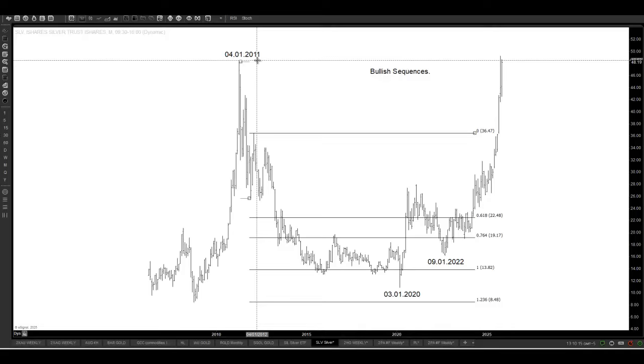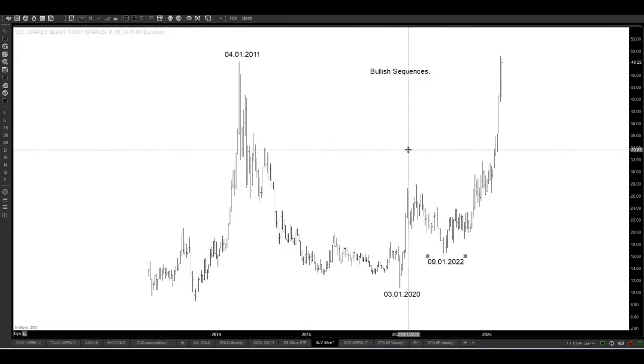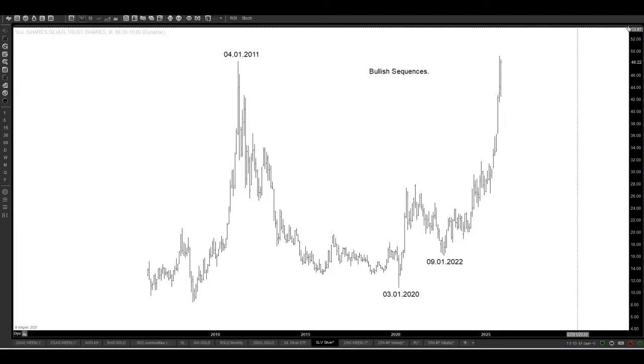As explained earlier, when you break the highs and you haven't reached the target, that creates a bullish sequence. Now, if we look over here, what do we have?